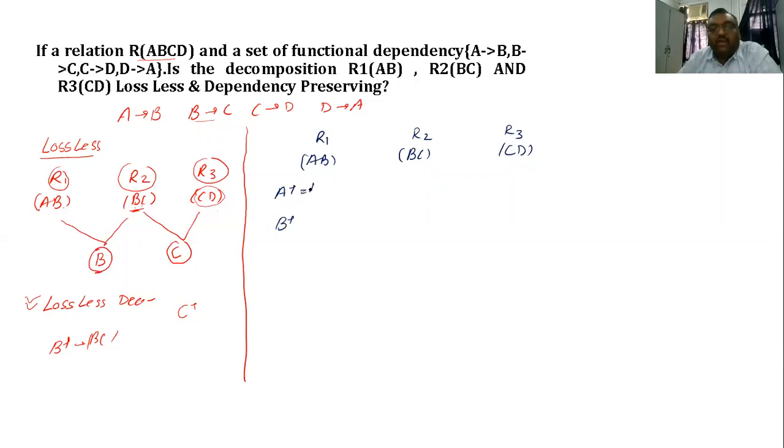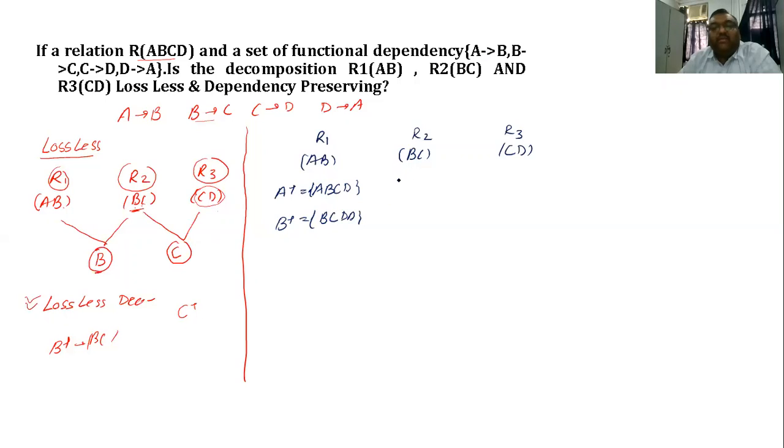What is the closure of A? The closure of A from this set of functional dependencies is A, B, C, D, all, right? And the closure of B is B, C, D, A, all.